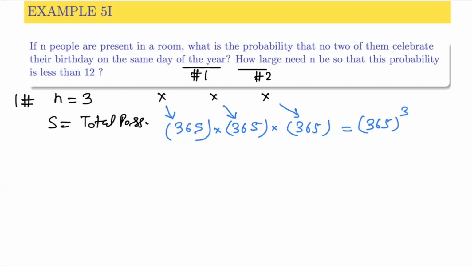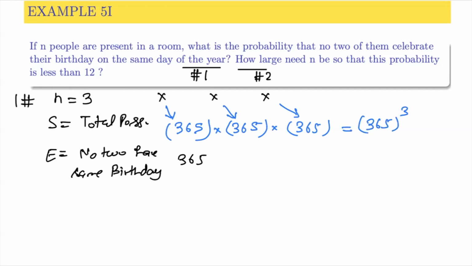Now, just suppose E be the event that no two people have the same birthday. I need to calculate the possibility. So what about the first person? First person can have a birthday on any day out of 365.